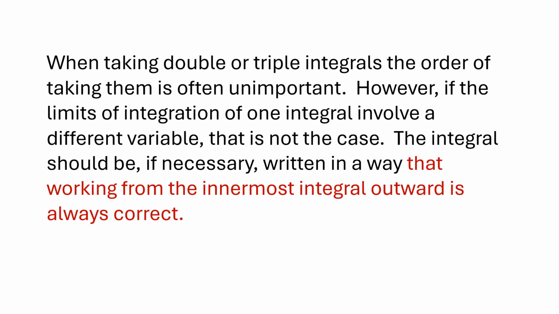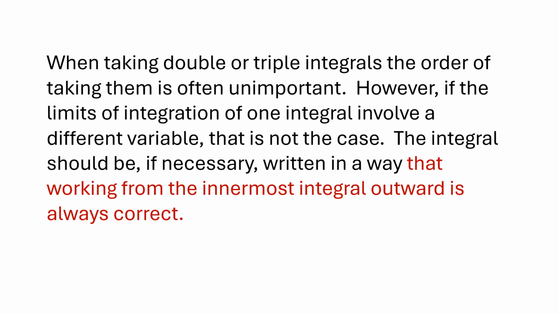When taking double and triple integrals, the order of taking them is often unimportant, and the emphasis is going to be on this word often. What does that mean? It means that sometimes it isn't. If the limits of integration of one integral involve a different variable, that's not the case.